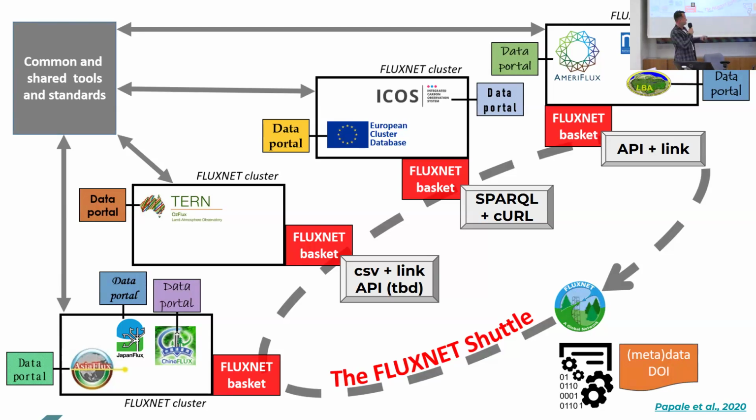So the FluxNet shuttle visits all the baskets and gets the data that the user queried for. And of course, the system is different for the different data centers. I already showed you the SPARQL query that has to be done and this CURL command to get the data.